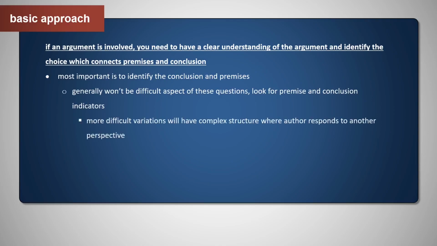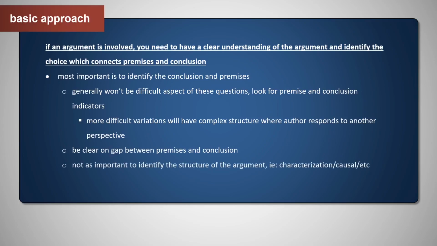The more difficult variations are going to have a complex structure where the author responds to another perspective, and that's actually the common way in which they'll make the arguments more complex, by introducing an additional perspective. So you want to be clear on the gap between the premises and conclusion. That's very important. You want to try and identify what the gap is between the premises and the conclusion. It's not as important to identify the structure of the argument, whether it's characterization or correlation, causation, etc. You're more looking for the conclusion, premises, and the gap.